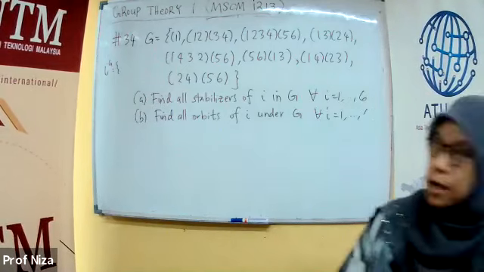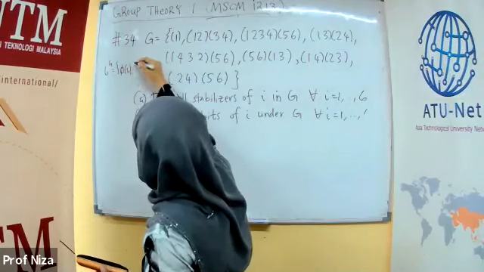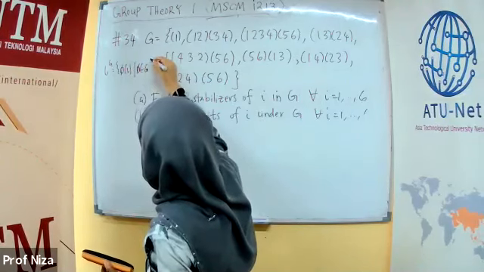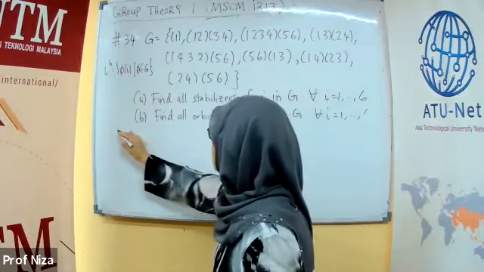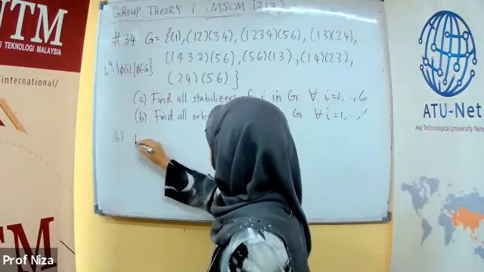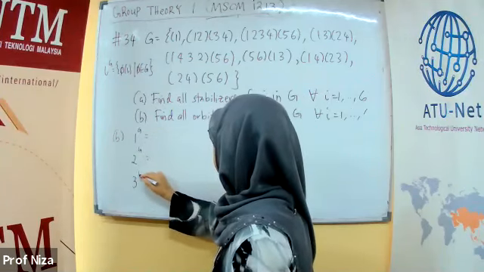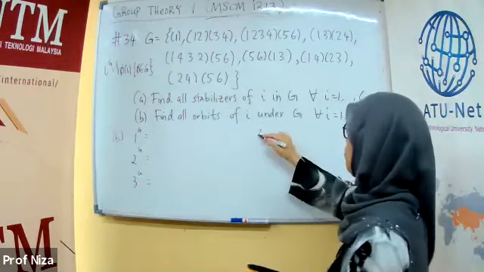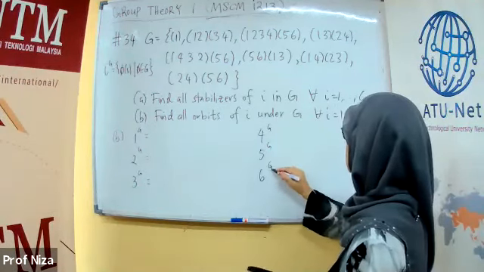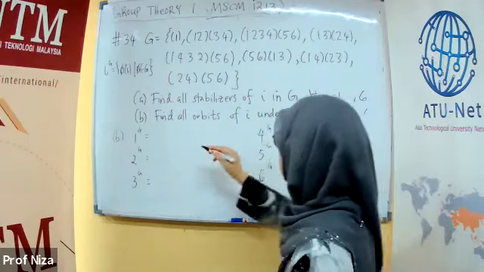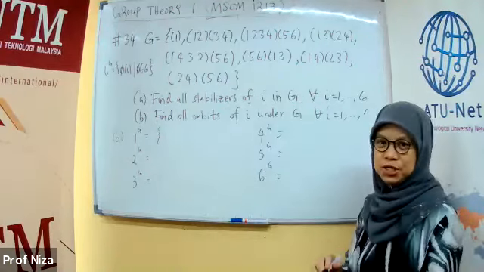I sub G is phi of i, phi in G. Alright. So for B, we have to find 1, 2, 3, 4, 5, 6, and find the image.